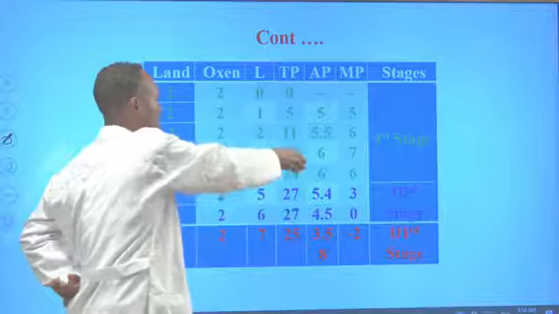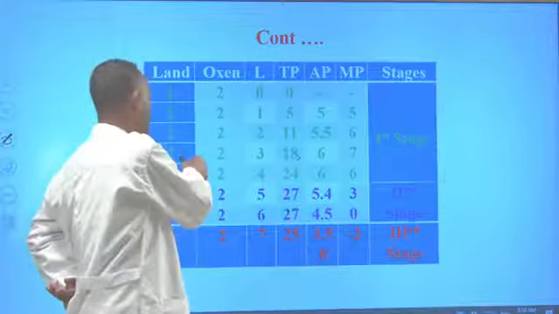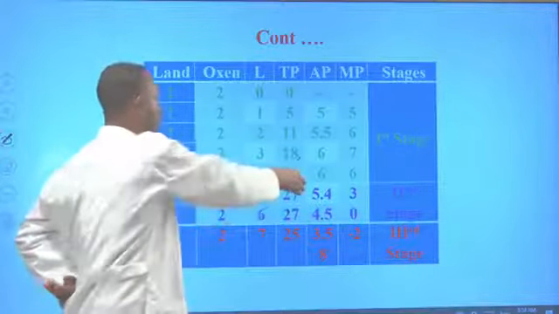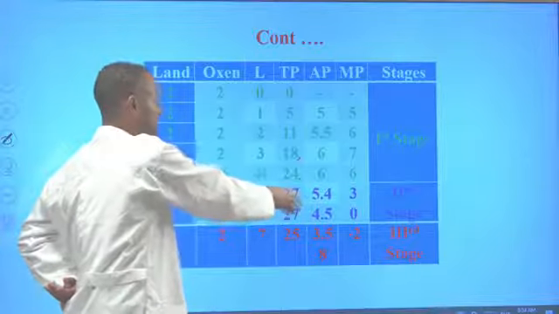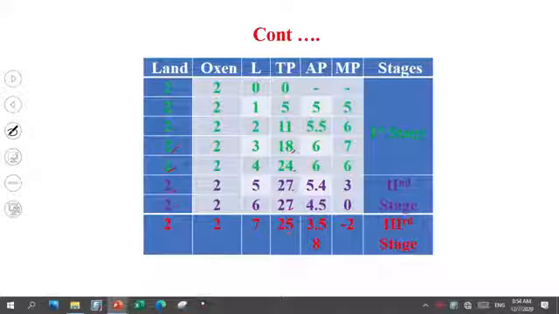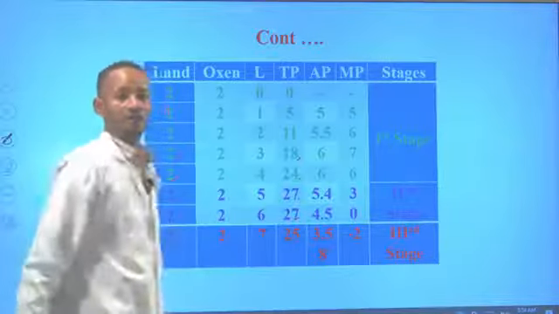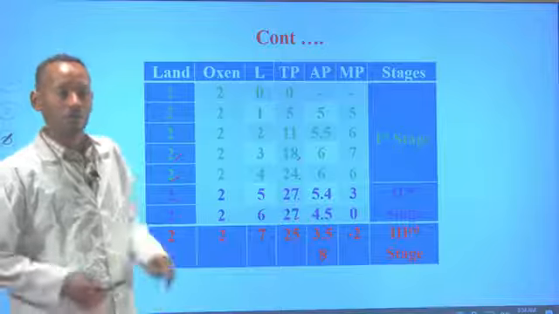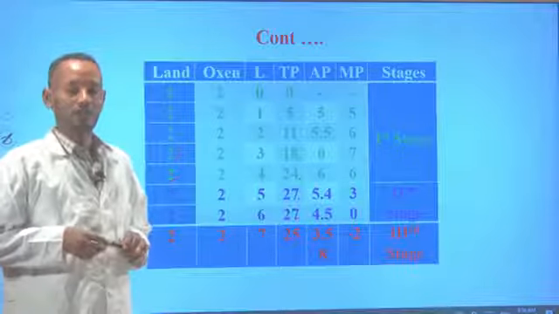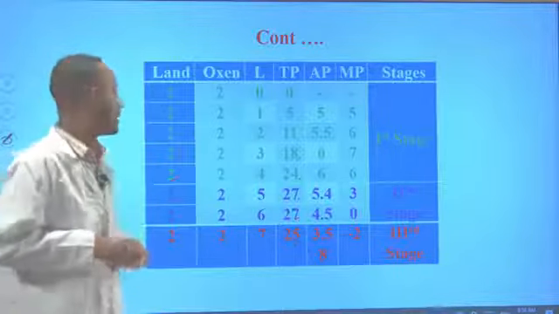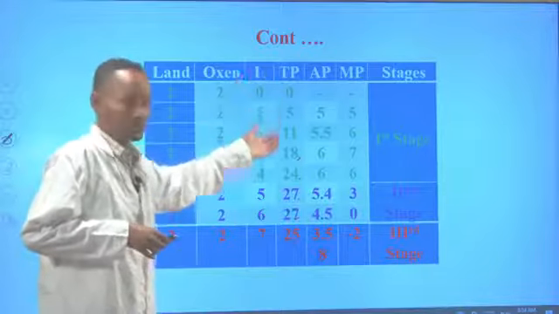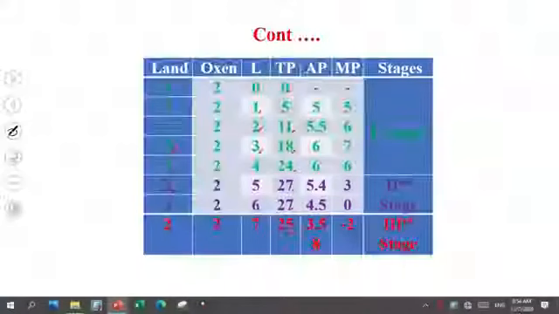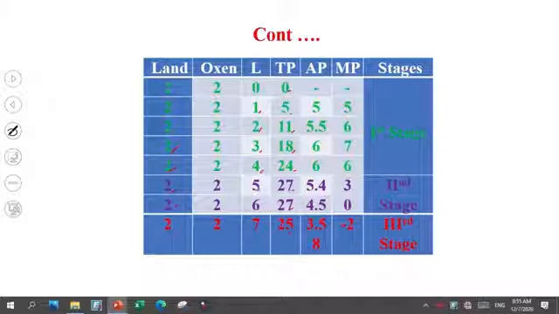The total product is 0 at the first level, then 5 quintals, 11 quintals, 18 quintals, 24 quintals, 27 quintals, 27 quintals, and 25 quintals of wheat, all from the same 2 hectares of land. In this case, even though there is a change in the output produced, there is no change in the input employed. Hence, land is considered as a fixed input.